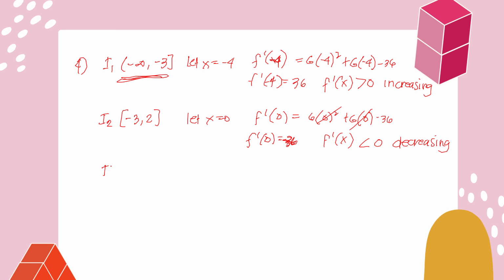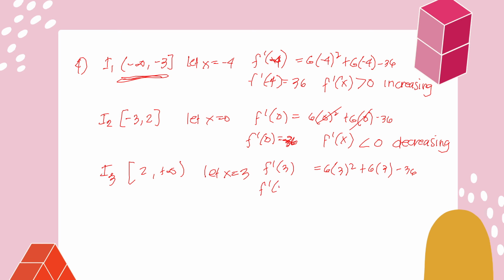And the last one is interval 3, closed 2 to positive infinity. So let x be equal to, since it is 2 to positive infinity, we choose 3. f prime of 3 is equal to 6 times 3 squared plus 6 times 3 minus 36.